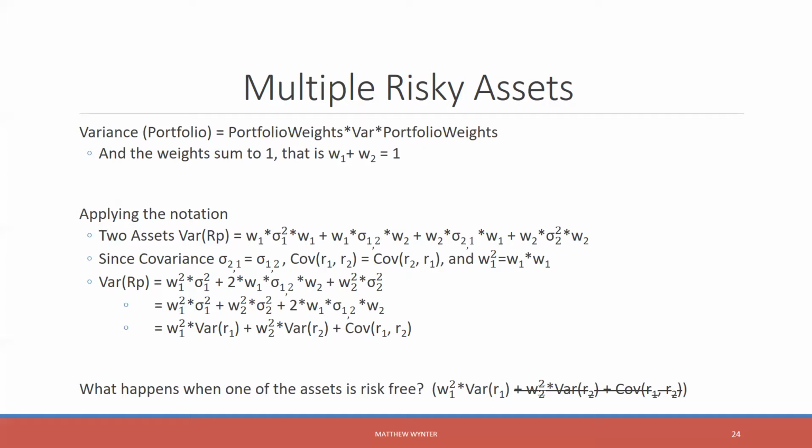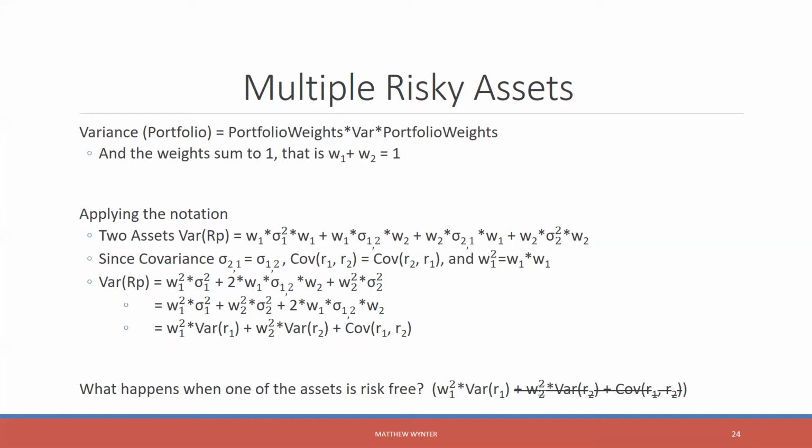So we can kind of clean up some of this notation. If we simplify it down, what do we have? We have the weight squared multiplied by the variance. So the weight of asset 1 squared multiplied by the variance of asset 1, the weight of asset 2 squared multiplied by the variance of asset 2, plus 2 times the covariance of R1 and R2.